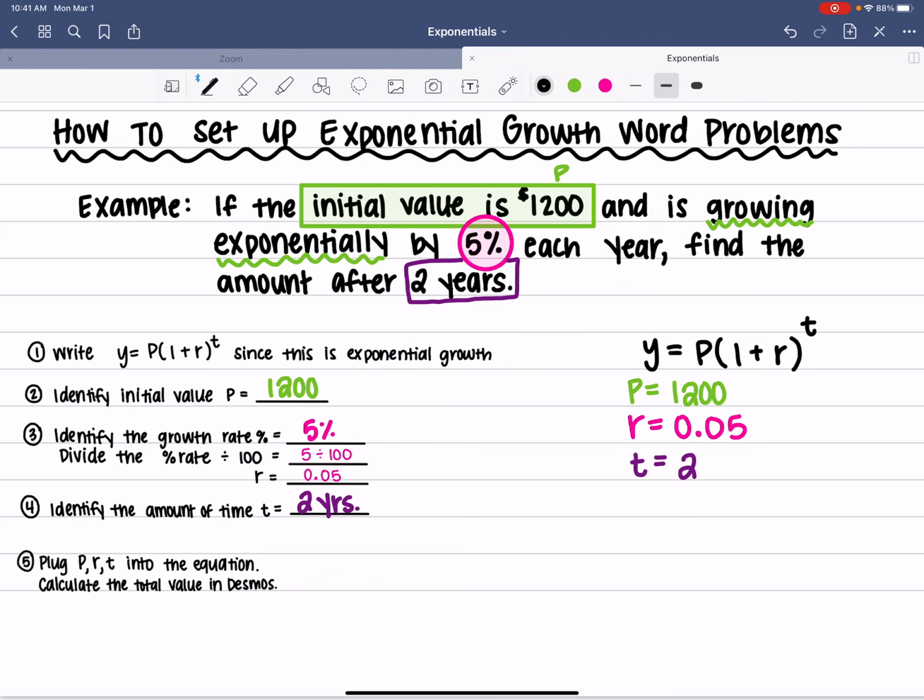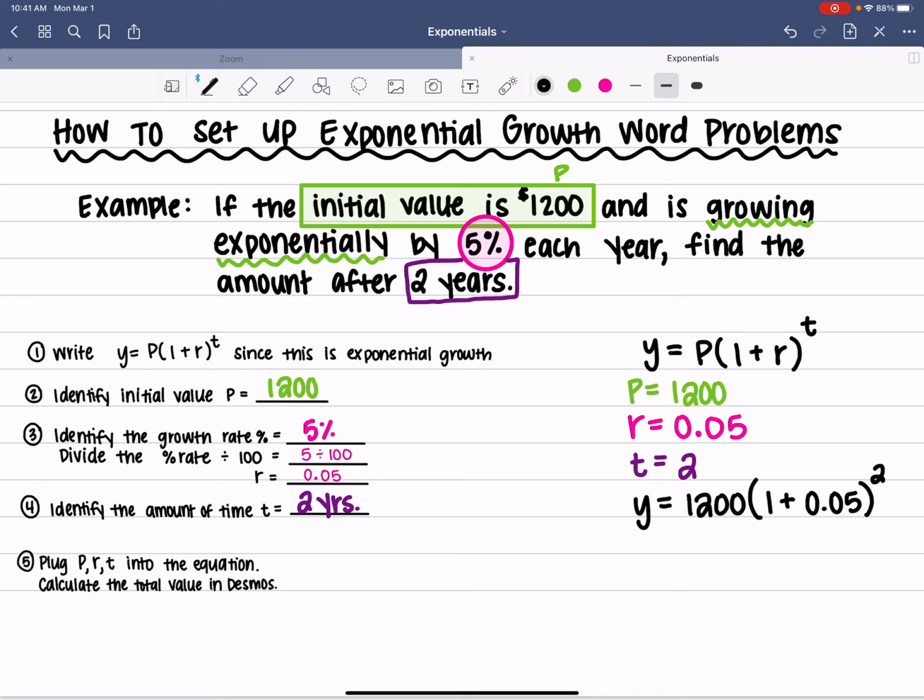So we're going to write y equals P is 1200, parentheses, because we're multiplying 1 plus the rate, which was 0.05, raised to the power T, because T was 2, so 2 is our exponent.